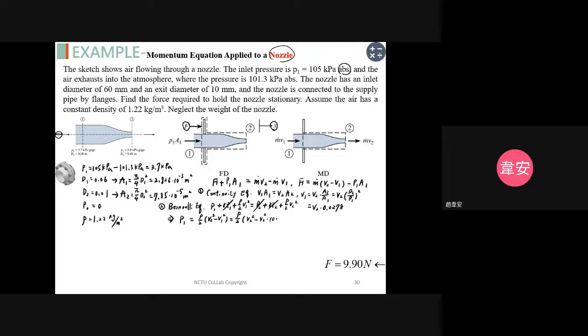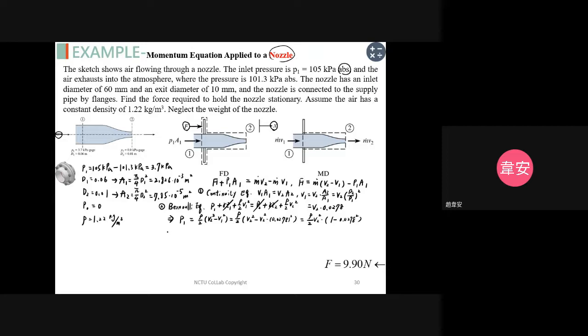We take V2 squared outside, so ρ/2 V2 squared, and inside we only have 1 minus 0.0278 squared.